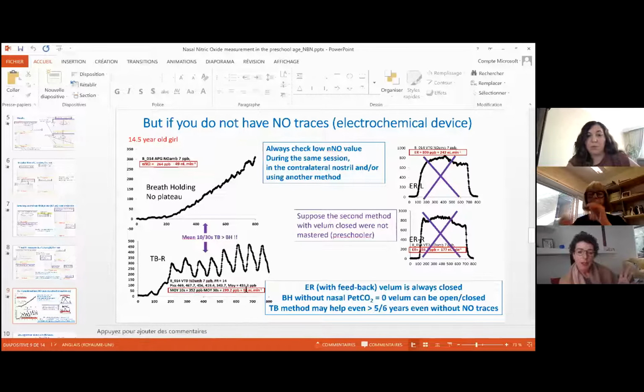So you see that the result is high, higher than the threshold, even the threshold with expiration against resistance, and higher than the first measurement. You couldn't see that, but it was wrong in terms of technique. So performing tidal breathing again can confirm or not whether a low measurement is true.